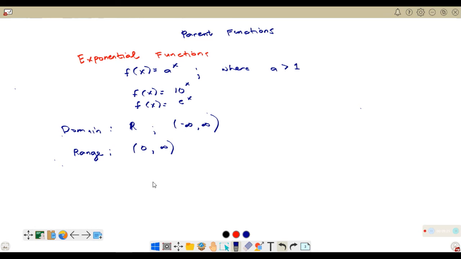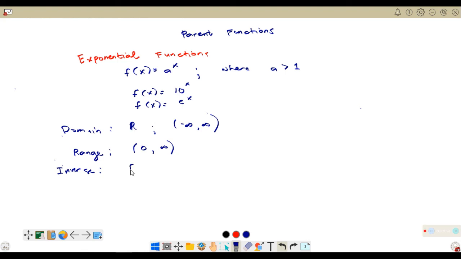Okay? So, another thing that we have to focus on will be the inverse. What is the inverse of an exponential function? So from your advanced algebra, na-discuss na natin to before, the inverse of exponential functions will be the logarithmic function.